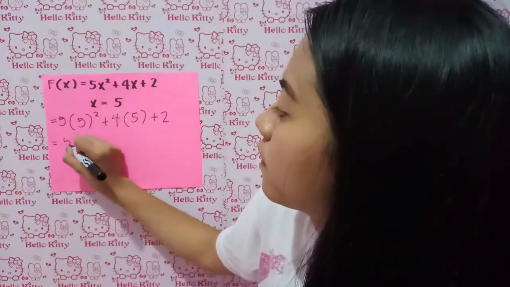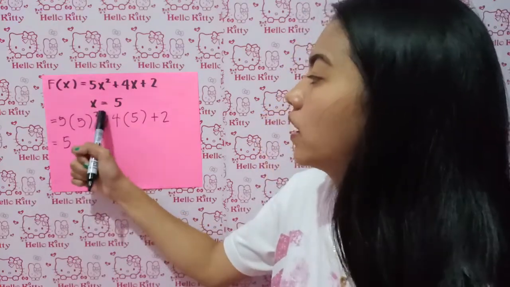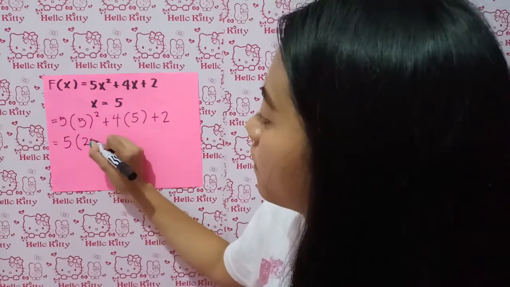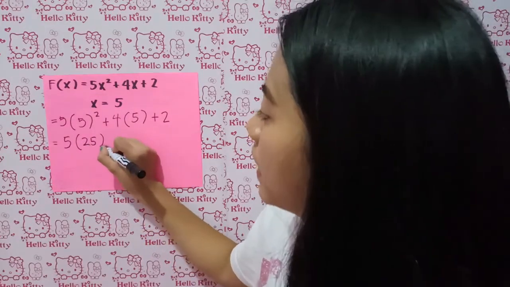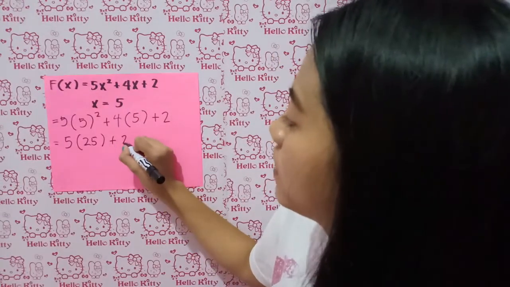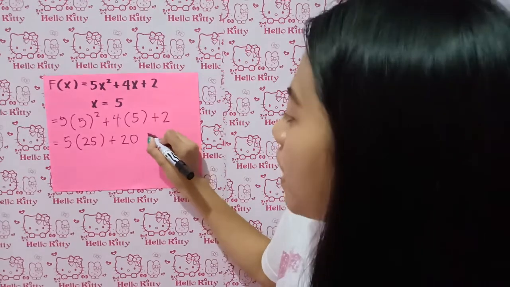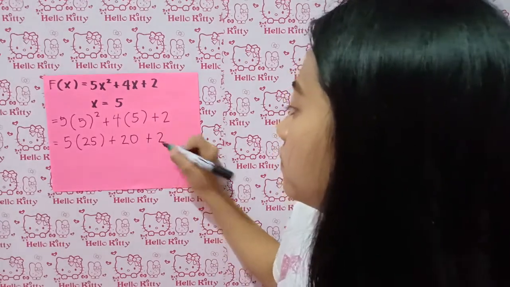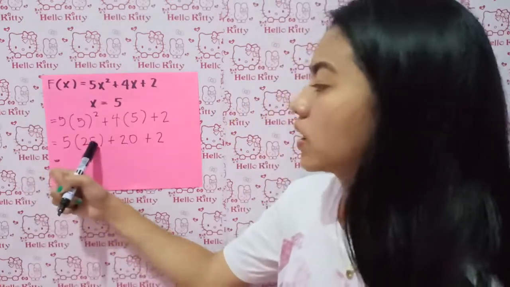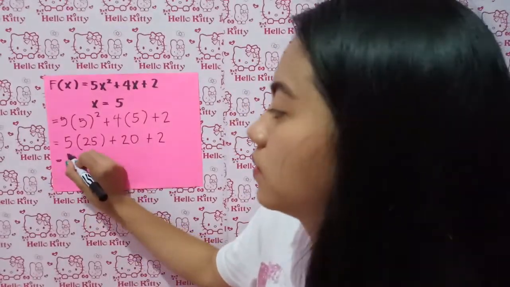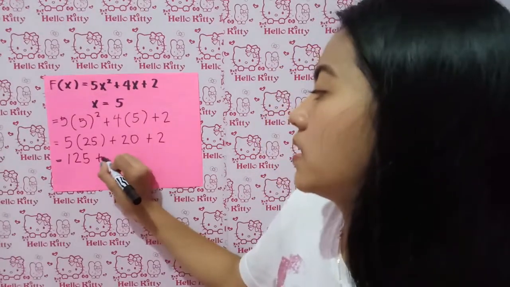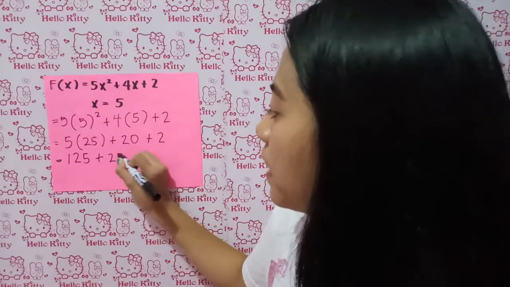5 squared is 25, plus 4 times 5 is equal to 20, and just copy the 2. Next is 5 times 25 is 125, plus 20 plus 2.